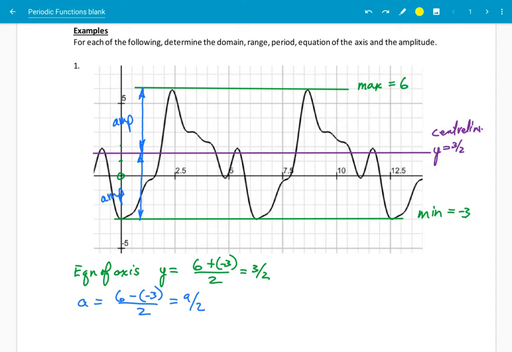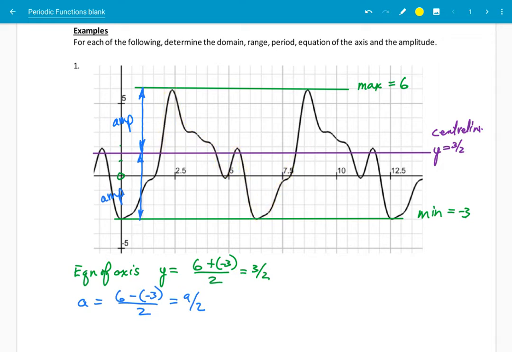Here is one repeated pattern in this function. And you see how the pattern repeats. Let me do that again. I want to start at the center line. So here's one completed pattern right here. That's one cycle, and I could use that to determine the length.